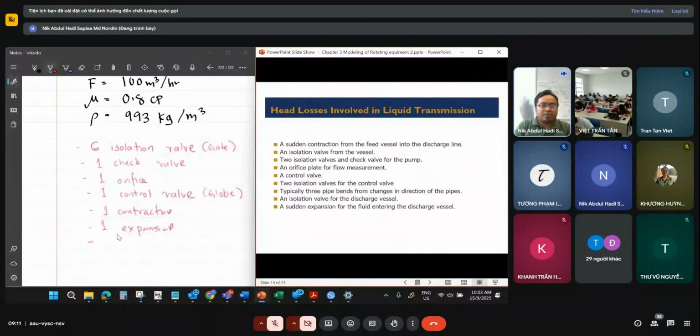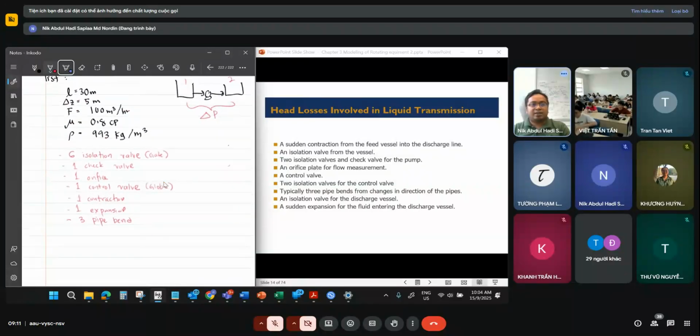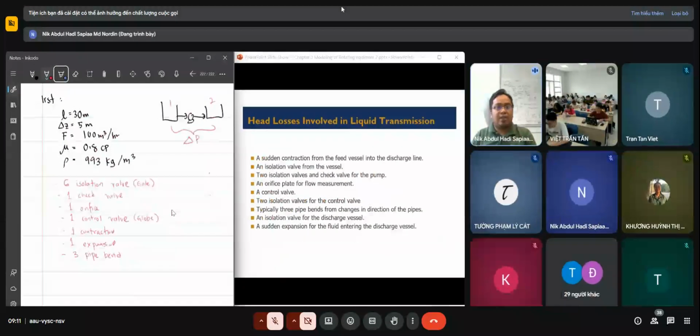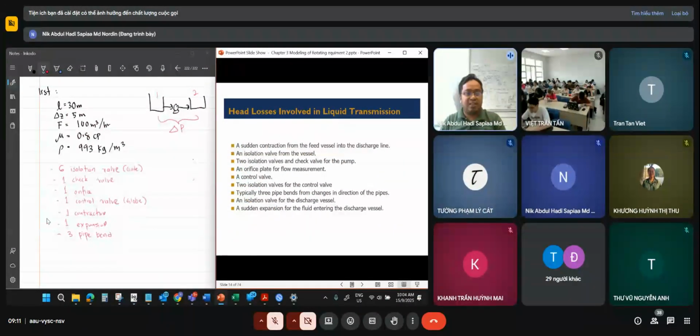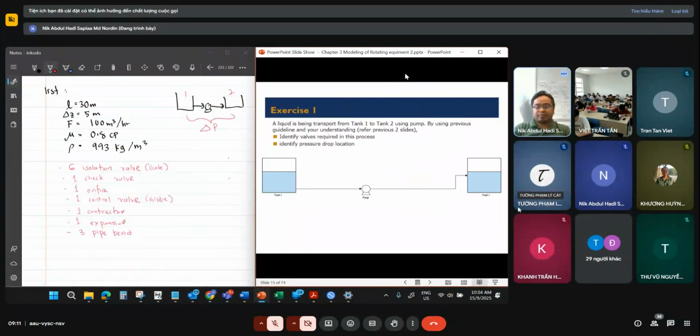So we are going to include 3 pipe bends here. This is the additional information based on our understanding or on the guideline to identify where the head loss occurs.